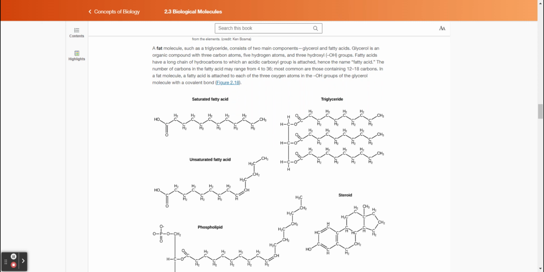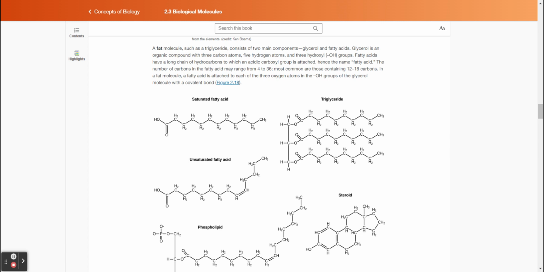A fat molecule, such as a triglyceride, consists of two main components, glycerol and fatty acids. Glycerol is an organic compound with three carbon atoms, five hydrogen atoms, and three hydroxyl or OH groups. Fatty acids have a long chain of hydrocarbons to which an acidic carboxyl group is attached, hence the name fatty acids.